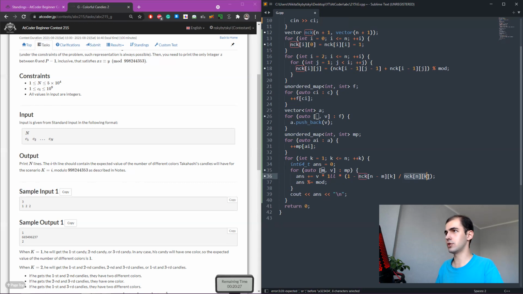Of course we can't do just that, because it is not how modular arithmetic works. We are supposed to do that first. Second, we are supposed to take the modular inverse of that body over here. Oh, wait a second, we can't compute binomial coefficients. Whoa, take it easy.